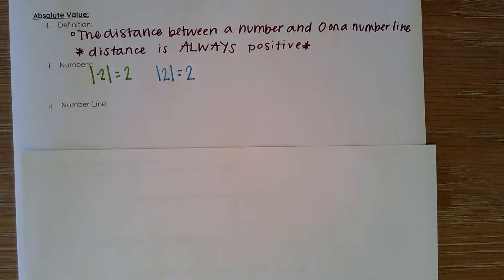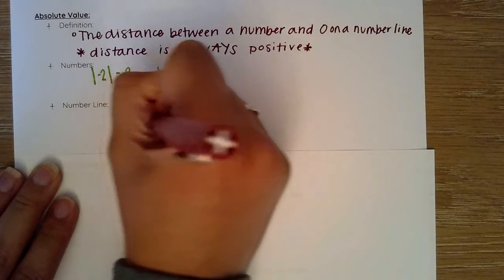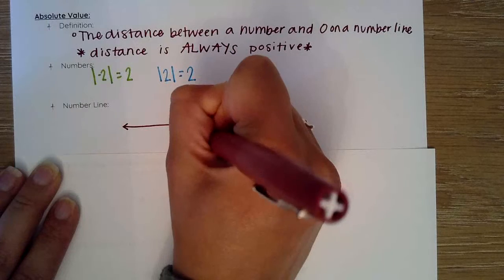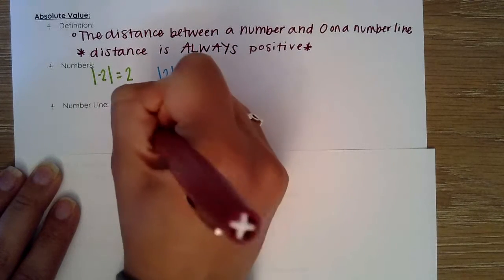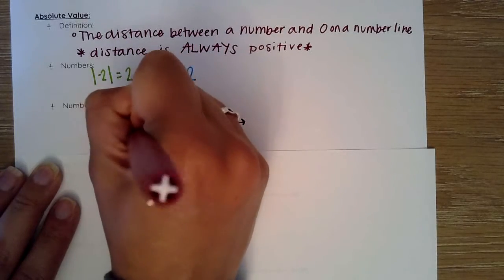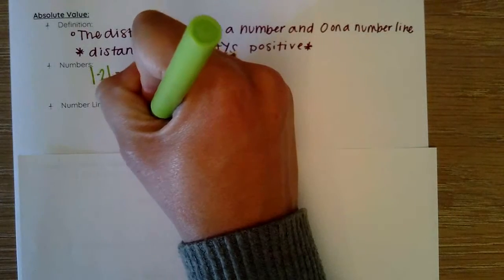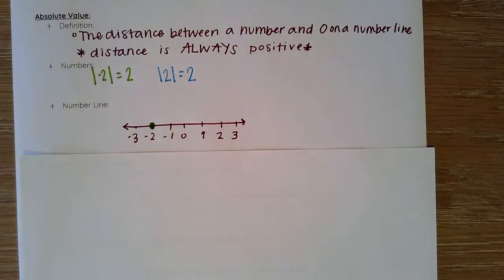I think it helps to take a look at this on a number line. So let's go ahead and do that. If we draw ourselves a number line, it doesn't have to be so big. 1, 2, 3, -1, -2, -3. And I am looking at the absolute value of -2 to start. How far is -2 away from 0?